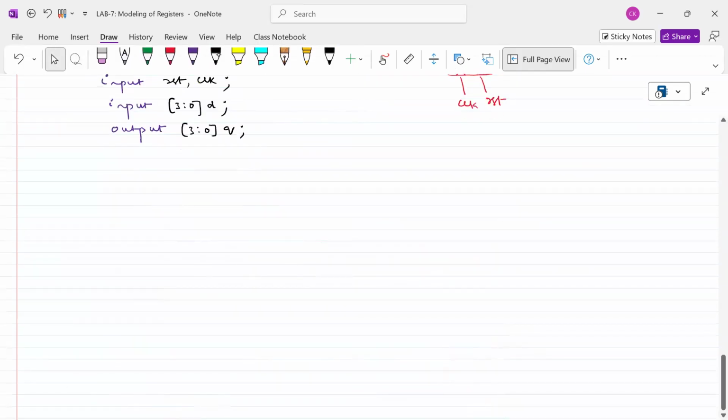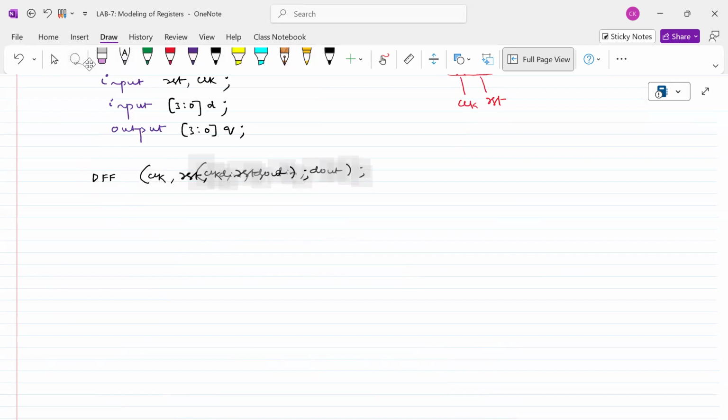So first one, I'm going to call this D flip-flop, which I have written previously. Now, what is the name of this flip-flop? DFF0, that's the instance name, like Z0, Z1, Z2, Z3.